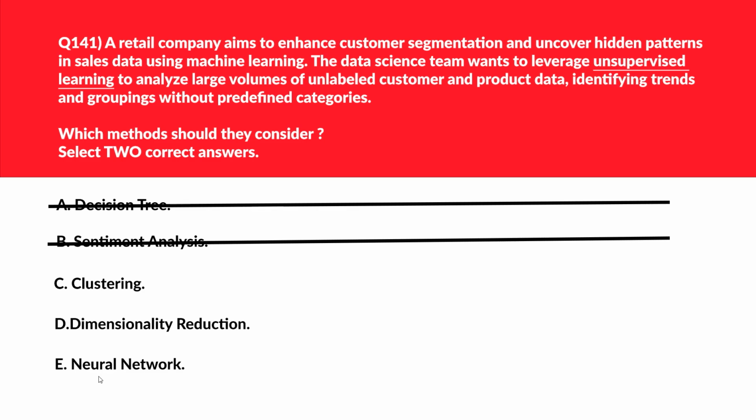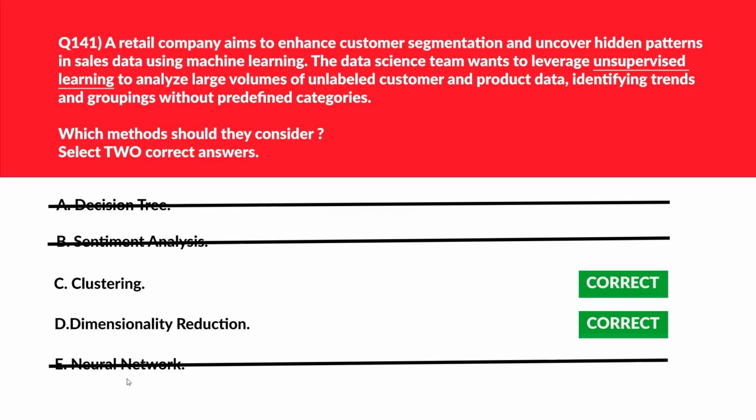Let's move to option E. E says neural network. Neural network can be used for both supervised as well as unsupervised learning, but the term alone does not specify an unsupervised approach here. So since we have a confusion here, C and D are better suited for unsupervised learning as per the question. So we'll reject option E. We'll keep options C and D and log them as the correct answer.